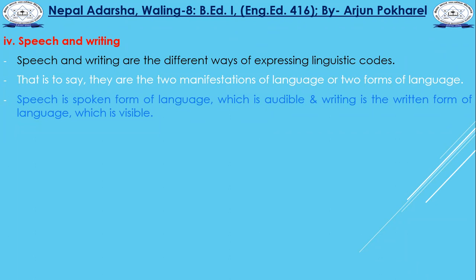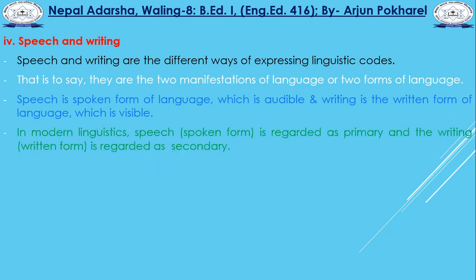And I'm here speaking, which is audible to you, and you are getting something from my speech as well. That's why speech and writing are two different modes of communication, two different forms of language. So speech is the spoken form of language which is audible, and writing is the written form of language which is visible. Clear?